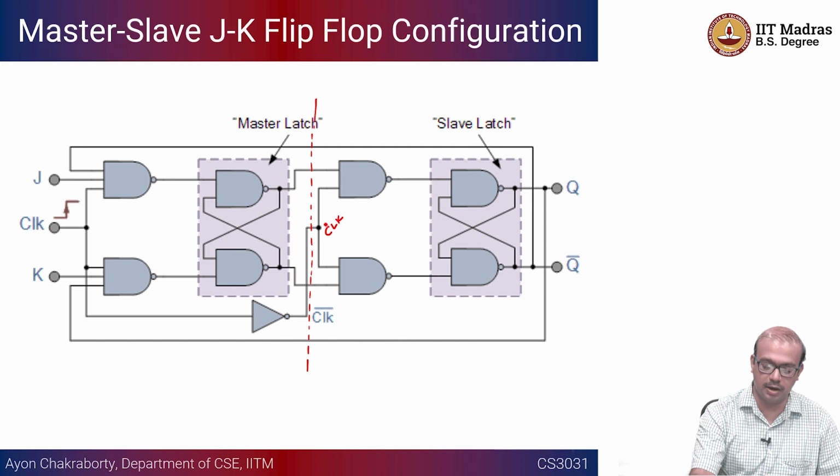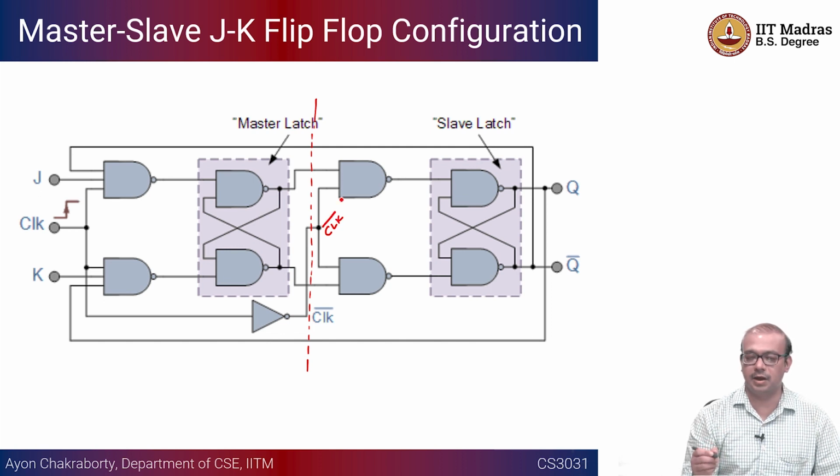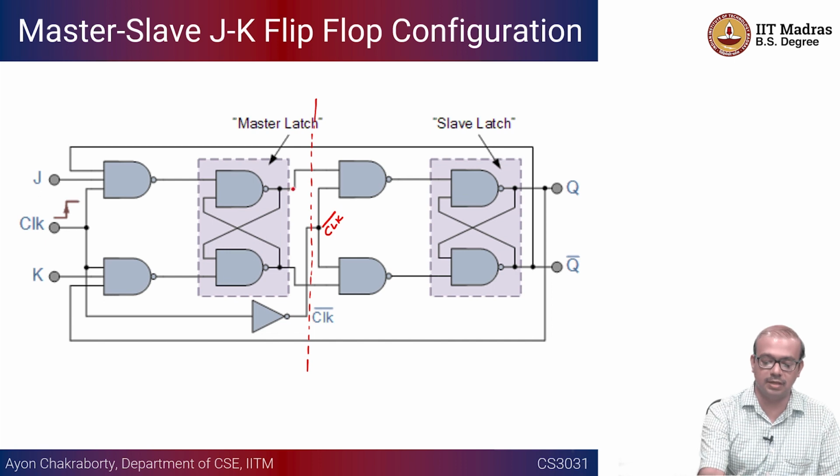This is very similar to the D flip-flop, where we supply a clock bar to the second latch. Note that the feedback does not come from the master latch to the front. The feedback actually comes from the slave latch. This is the one which goes as a feedback.